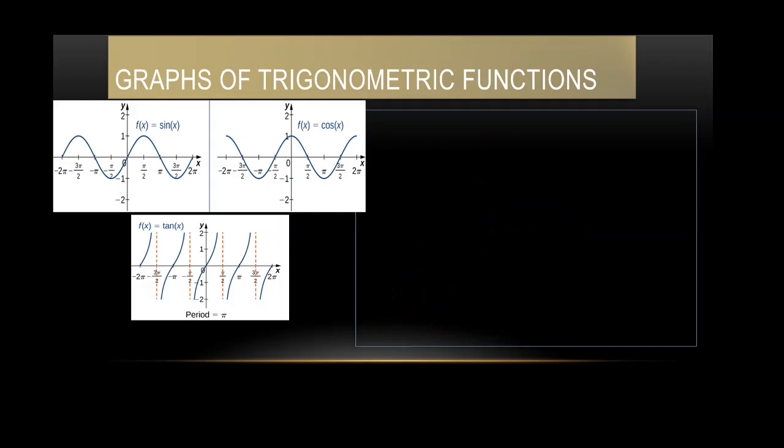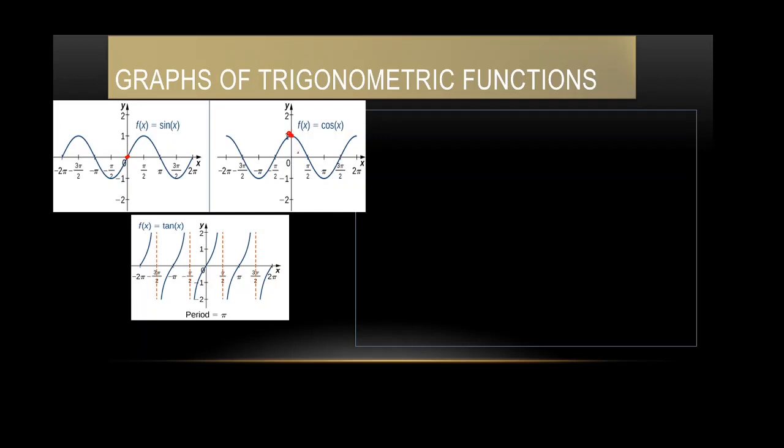So these are the graphs of the trigonometric functions. The graph of the sine function is like a wave. That's why these are wave functions. As you see, the sine function starts from 0, whereas the cos function starts from 1.